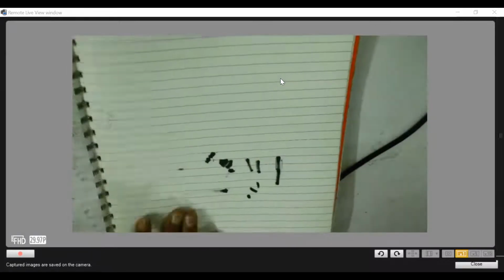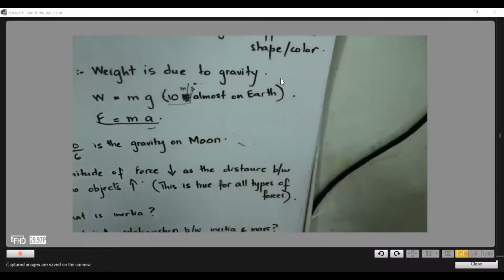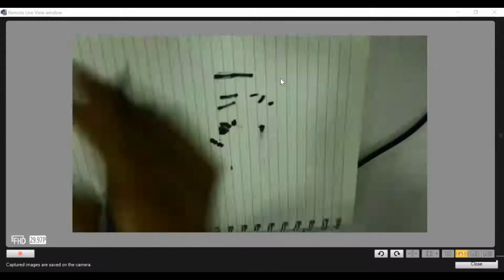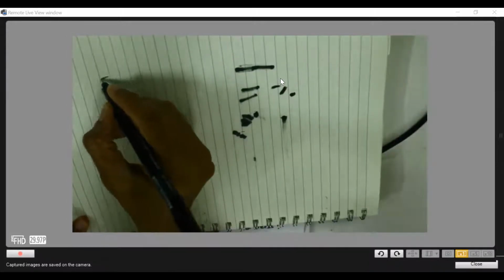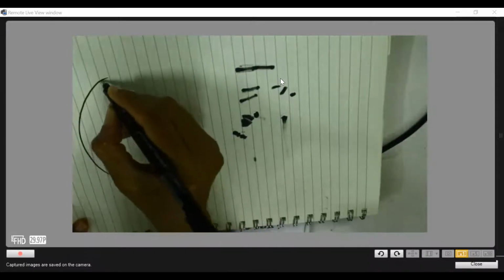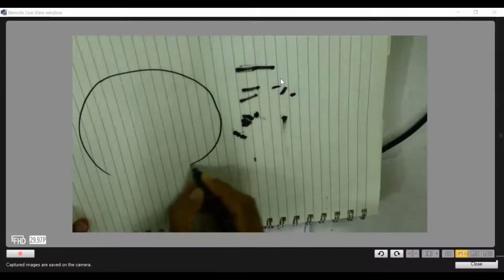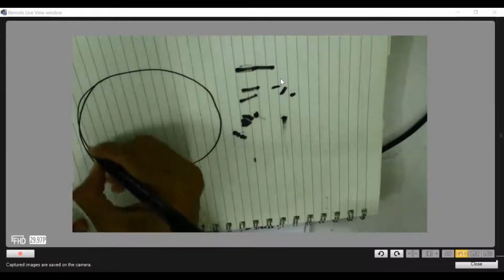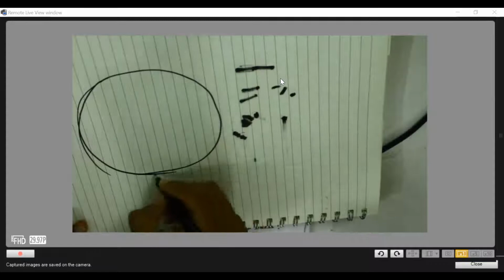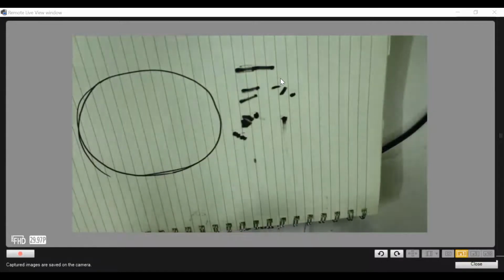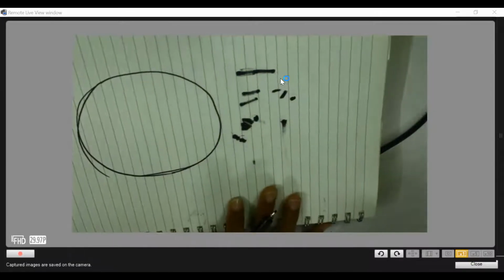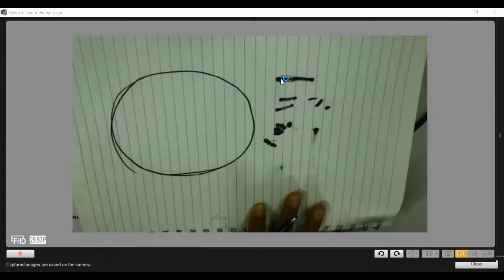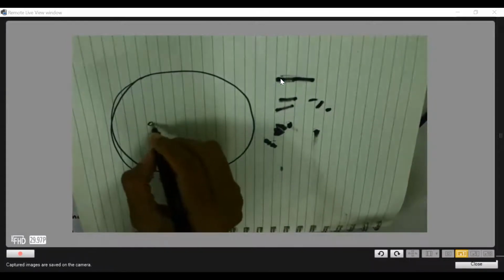Now, the thing is that the shape of the Earth is not a perfect sphere. It's called a geoid.